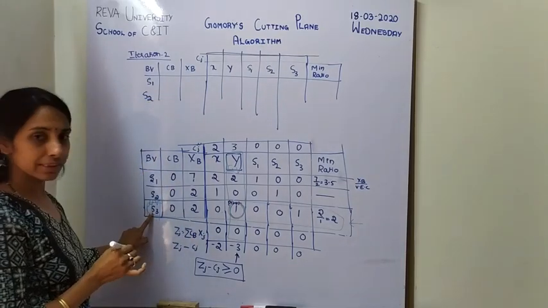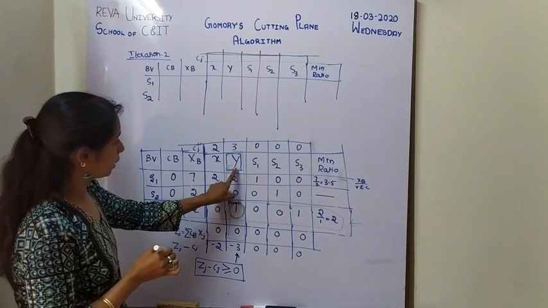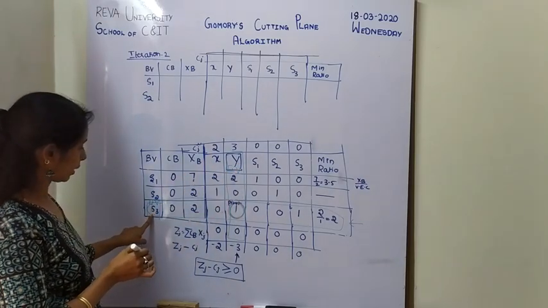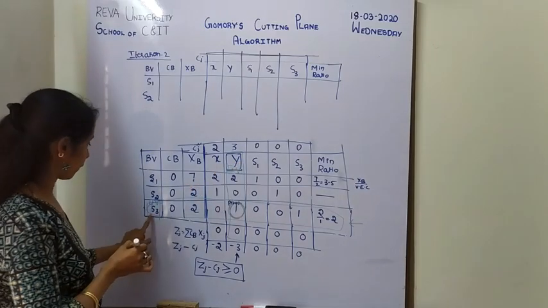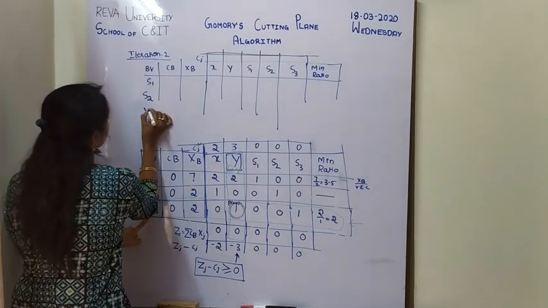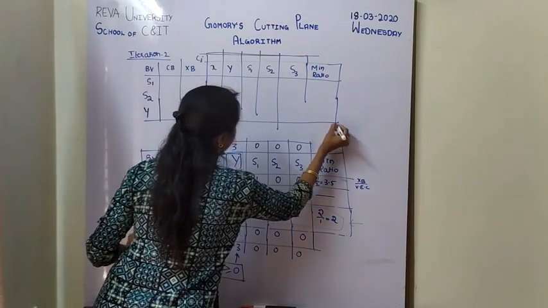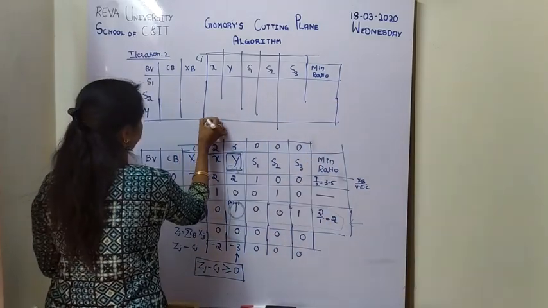Now S3 is leaving, Y is entering. So instead of S3 I have to now write Y here. So Y will be the entering variable.